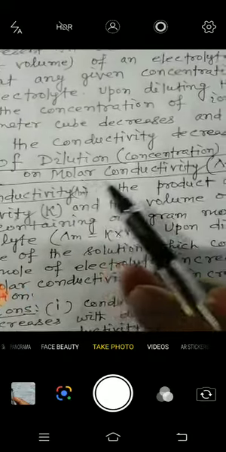Now the effect of dilution or concentration on molar conductivity.